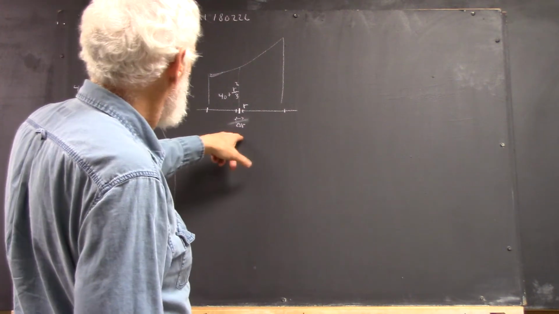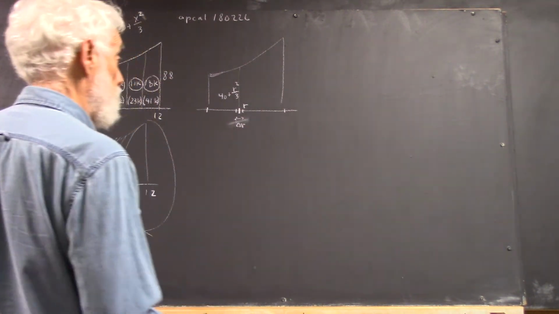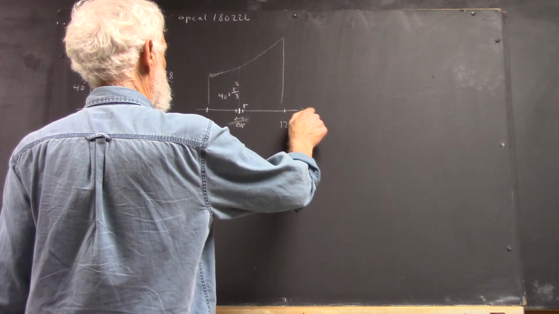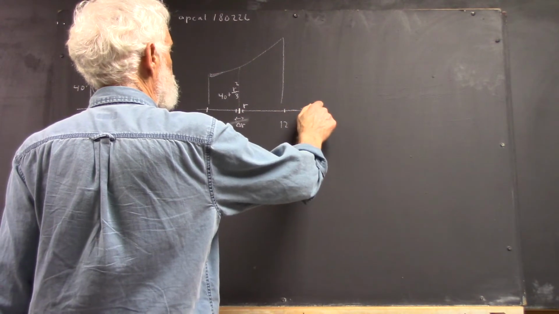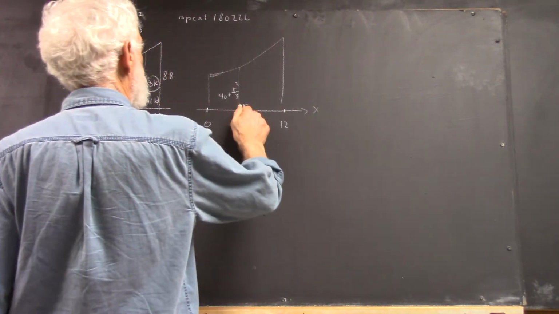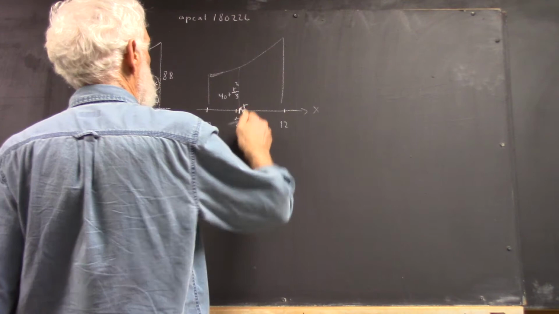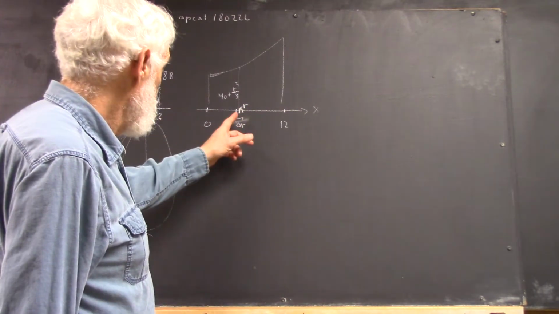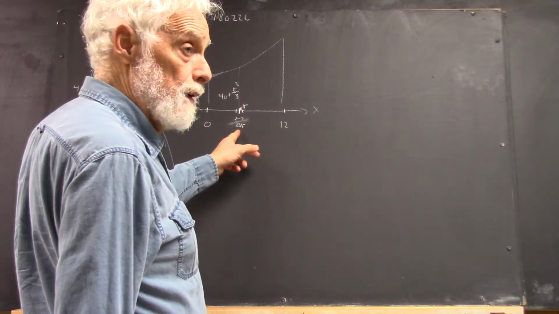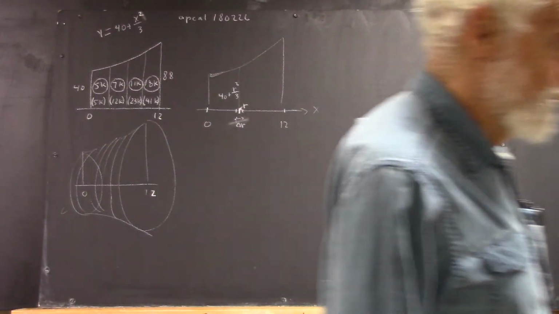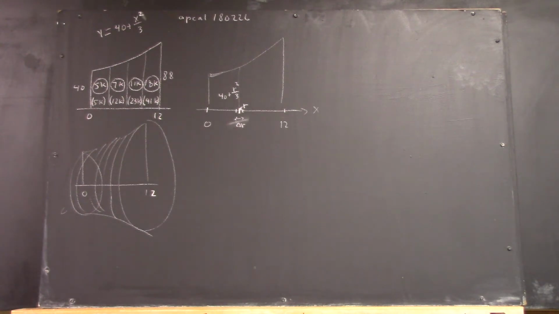Well, then we come over here and we look at the same function between 0 and 12. But we're going to let this axis, well, it could still be the x-axis, but now we're going to use r for the x-coordinate, with a width delta r here. Let me double check the paper to make sure we're using that notation.